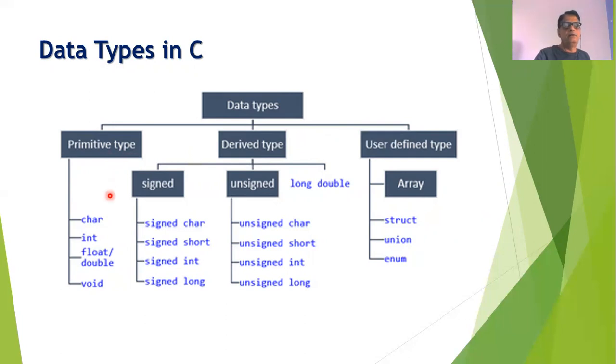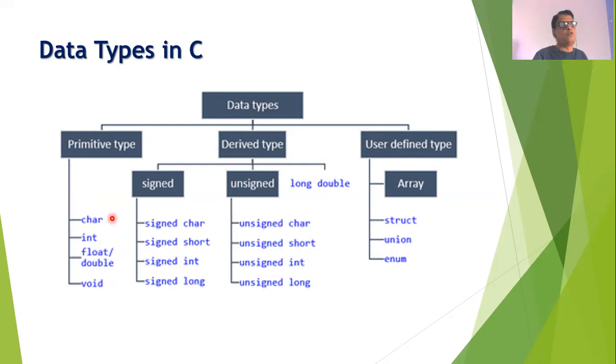Now, let us first go for the basic data types. These are the basic data types that are available in C programming language. The first one is the character. Whenever I want to make use of a character data type within a programming language, I need to use the keyword char. So this keyword char represents the character data type. Another keyword, int, is used for the integer data type.